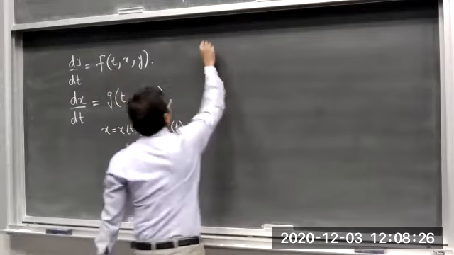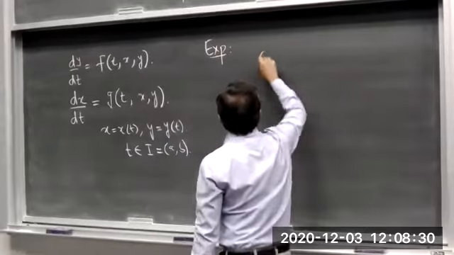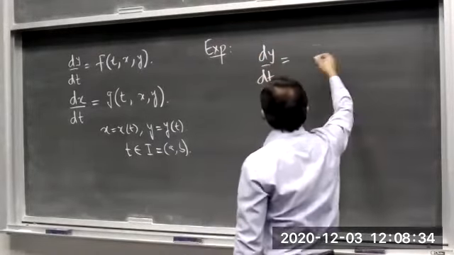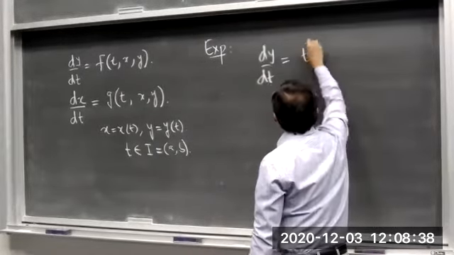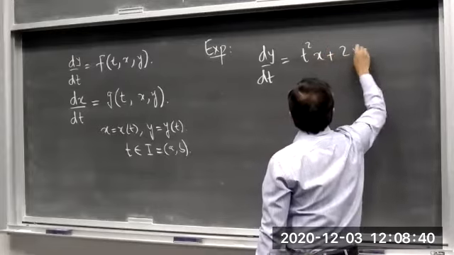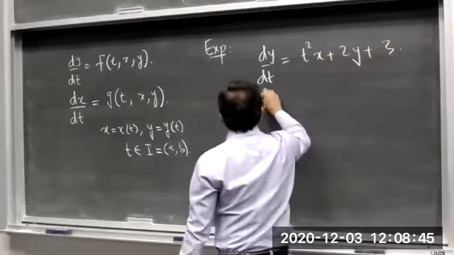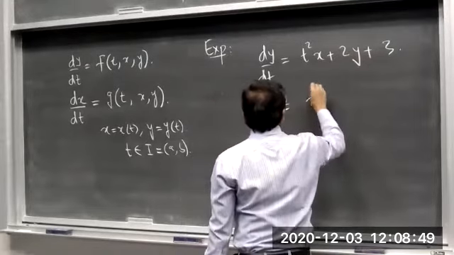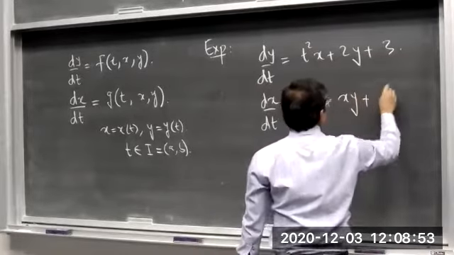For example, let us write an example of this. dy by dt is some function, say t square x plus 2y plus maybe 3, and dx by dt is equal to x square plus maybe xy plus sine t.